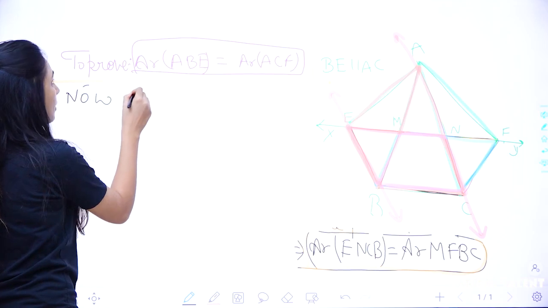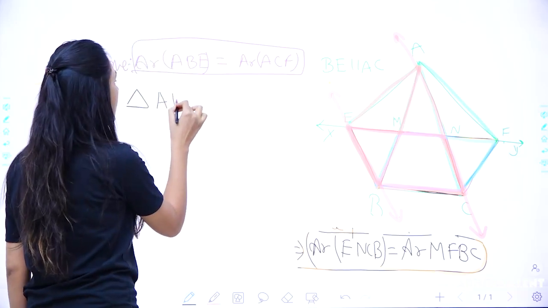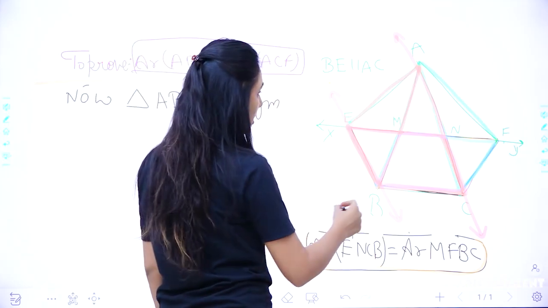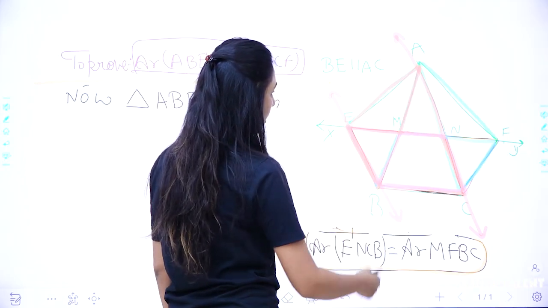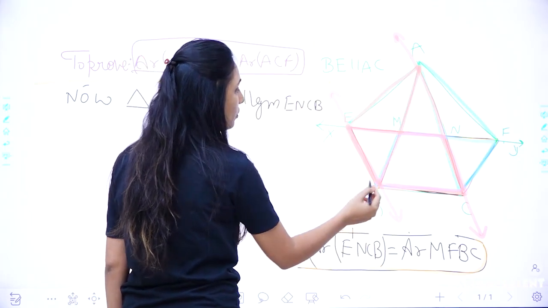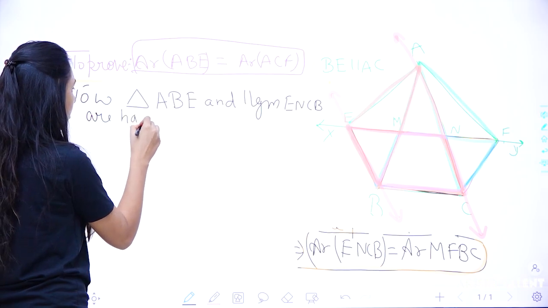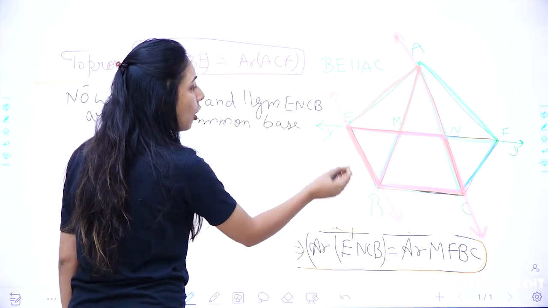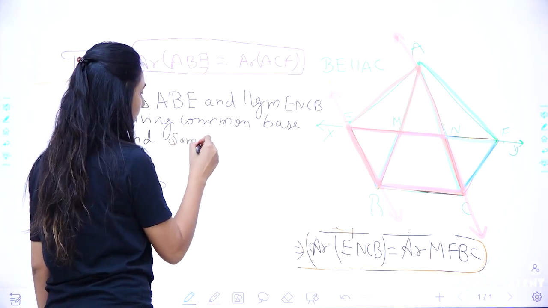Now triangle ABE and parallelogram ENBC, ENCB, these two are having common base, which is a common base EB, and same parallels.